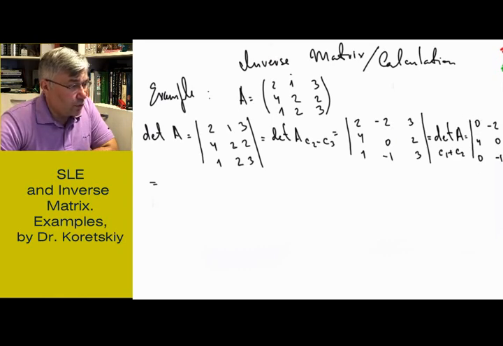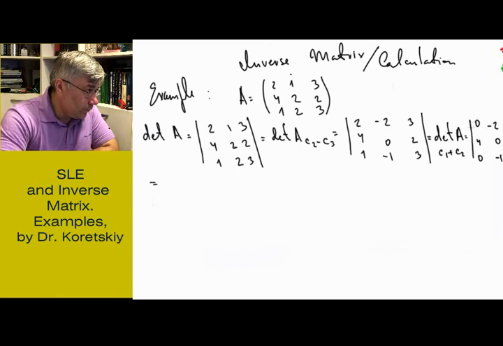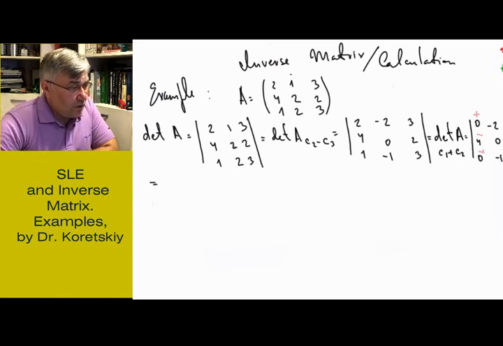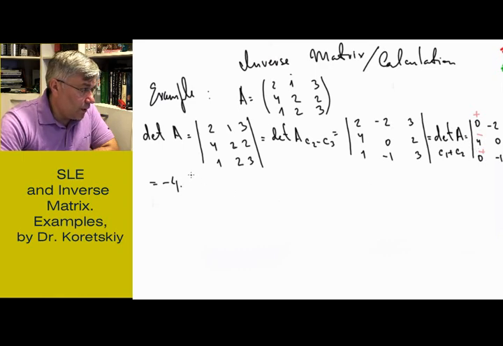So if it is plus, here we have minus, plus, and since this 0 gives me 0, I have only one term here, and it is minus 4 times, if you remember, I have to take away this row and this column, times the determinant of the reduced matrix, 2, 3, minus 1, 3.